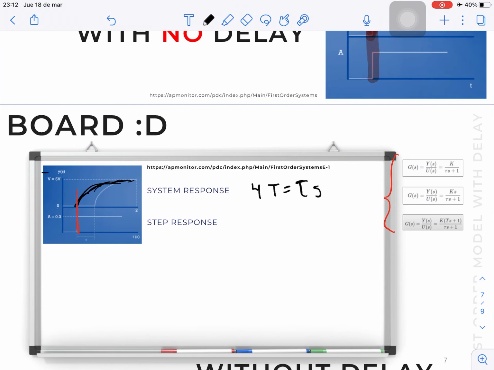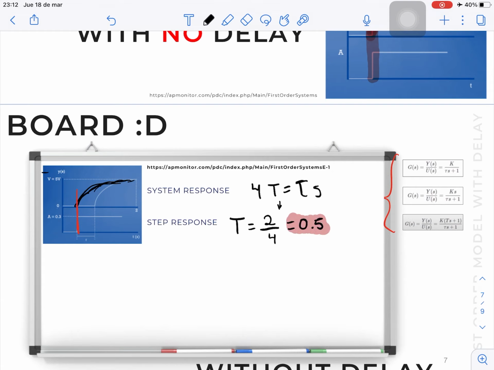And let's get the transfer function of this system considering no delay. These kinds of processes are very easy. We know that the time period is equal to 2 over 4 according to this formula, and we have a period of 0.5.